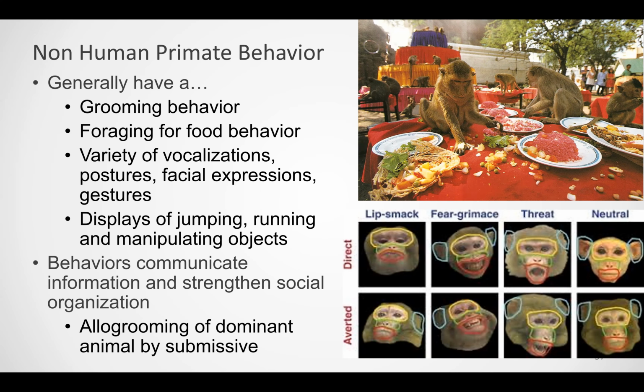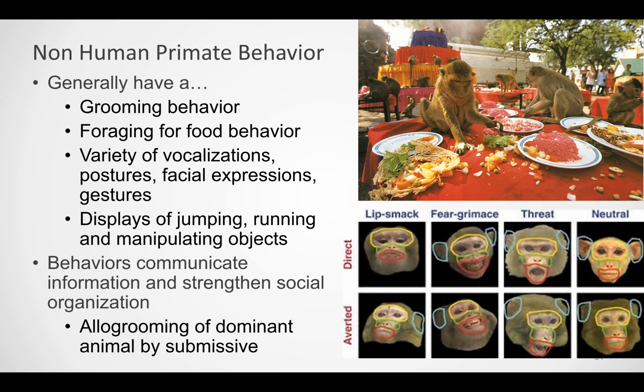Foraging for food is something else that non-human primates do and spend a lot of their time during their day doing or performing. They have a variety of vocalizations, postures, facial expressions, and gestures, as you can see here. And so that tells you what's directed at the individual versus averted.